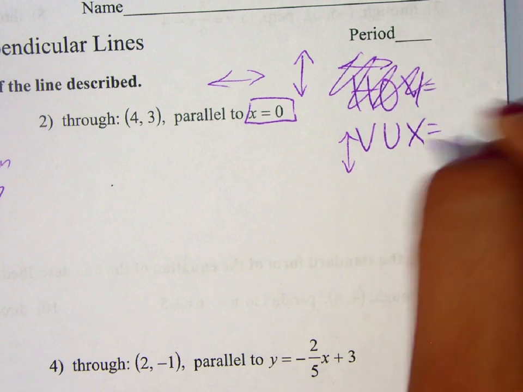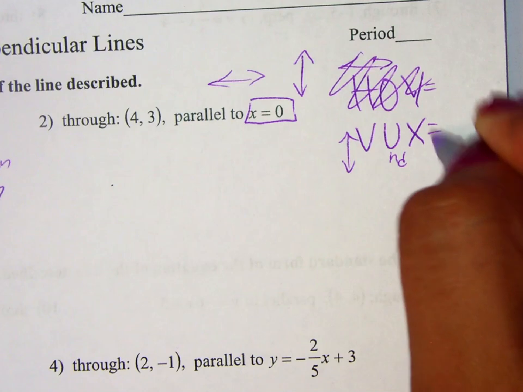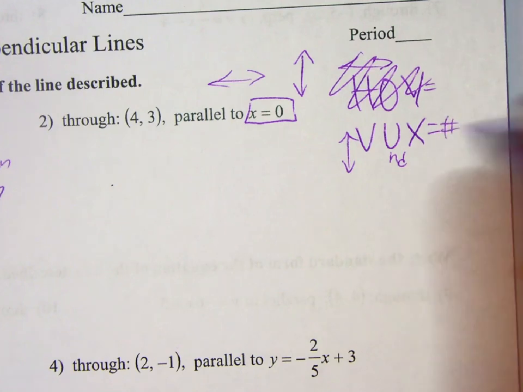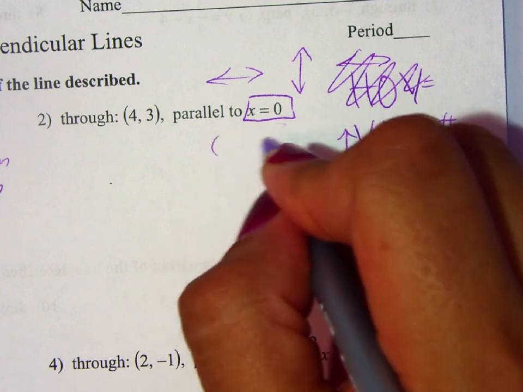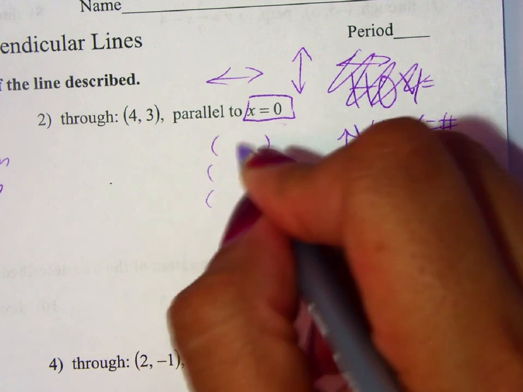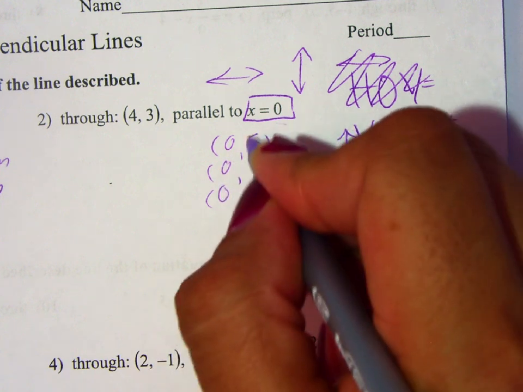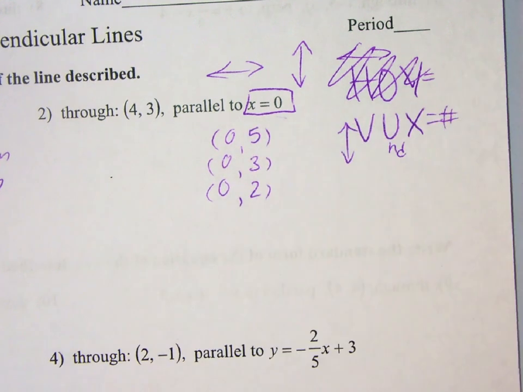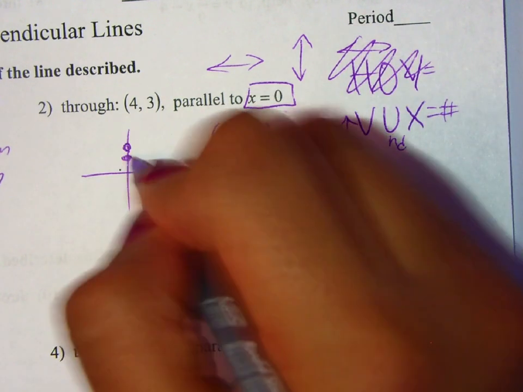So in this case, we're looking at a vertical line with an undefined slope, and the equation is x equals a number. To give you a visual of what this means, it means that we have a lot of points, and all of these points have x equals 0. So let's say I come up with random numbers, and if we plot those, it will be these points right here.